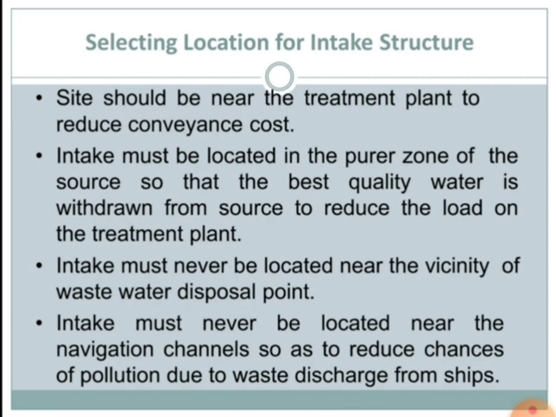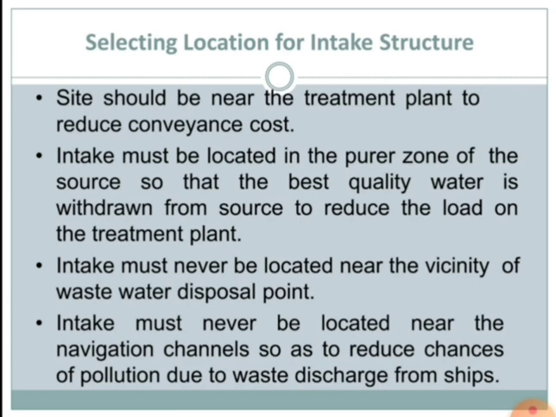And also we know that in the source of water, suppose you are considering a river as a source, at all locations in the river the water will not be pure. There may be zones which have purer water compared to other zones where it might be polluted. So the site of the intake in a river, or any source for that matter, should be located in the purer zone of the source, so that we get the best quality water.